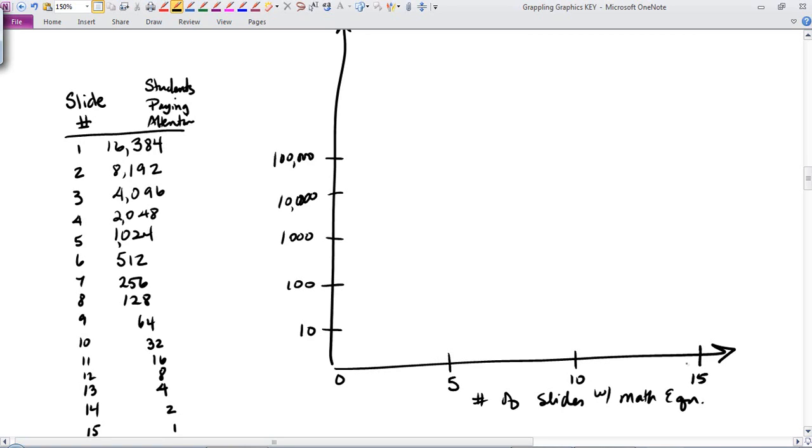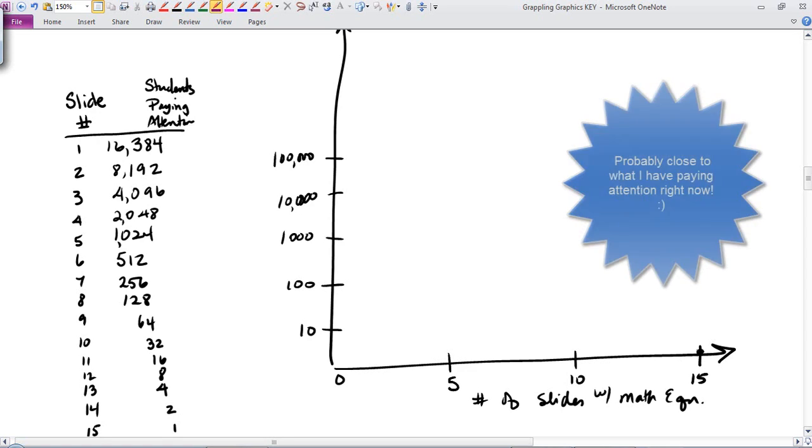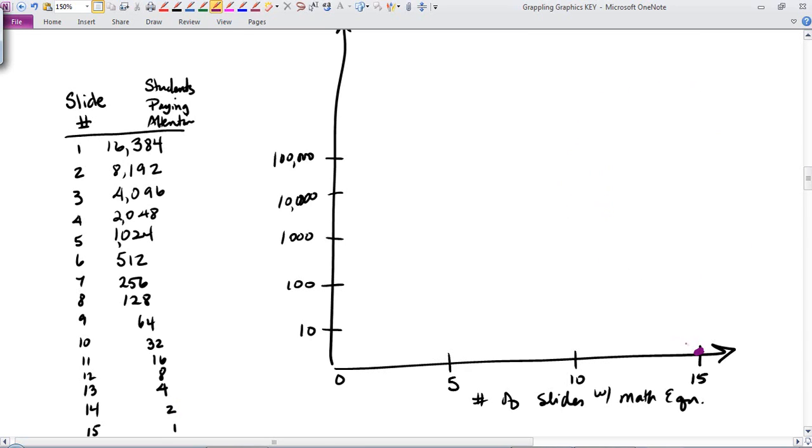Okay, so now what happens? Well, go back to your data. At 15, you only have one student paying attention. So that's, I'll do it in purple this time. About right there. And then at 14, I had 2 paying attention. A little higher. At 13, I had 8 paying attention.